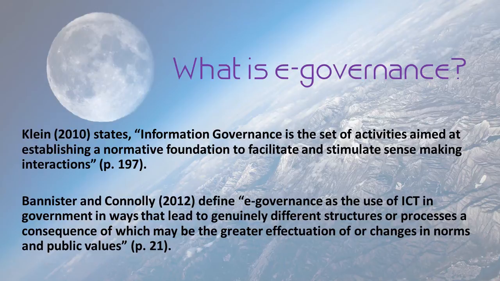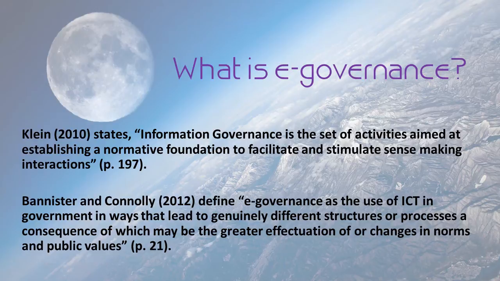And then we move on to e-governance. Bannister and Connolly, 2012, defined e-governance as the use of ICTs in government in ways that lead to genuinely different structures or processes, a consequence of which may be the greater effectuation of or changes in norms and public values.